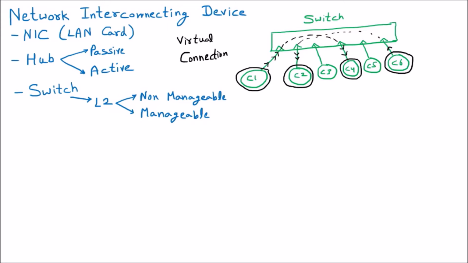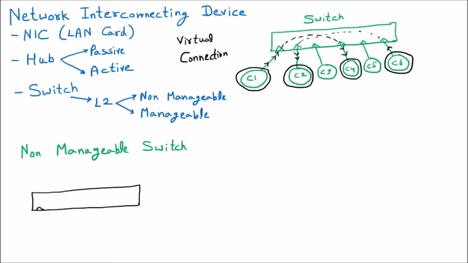So first of all, I am taking the non-manageable switch. Okay everyone, first of all we are learning the non-manageable switch. Let us suppose I am taking one diagram to make you understand. Say there is a switch, and inside that, let us suppose 6 ports are there.